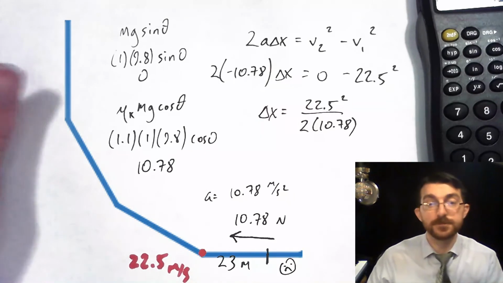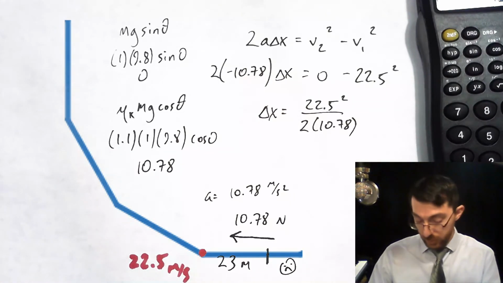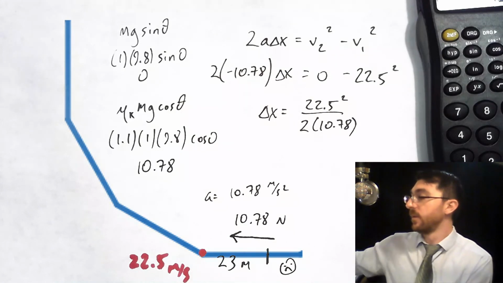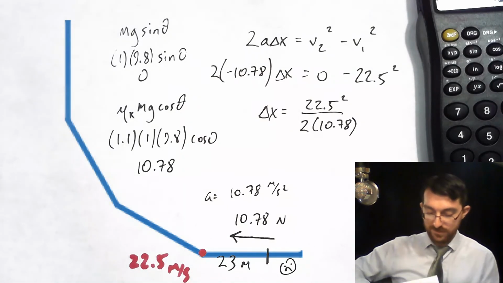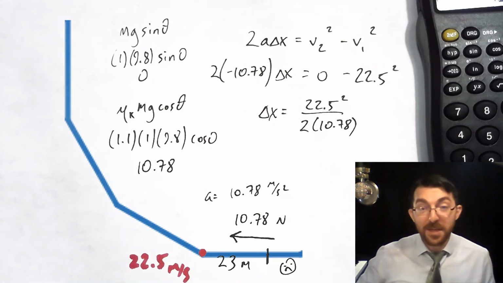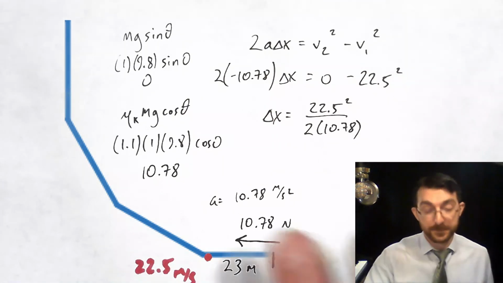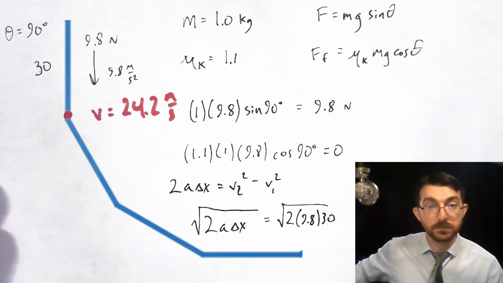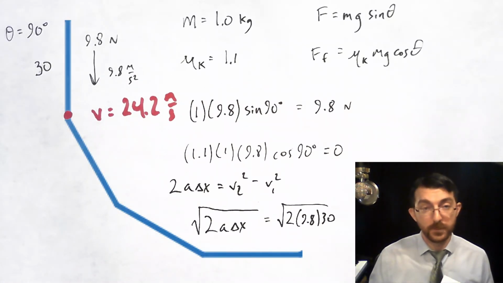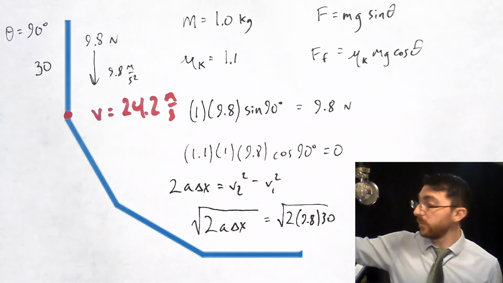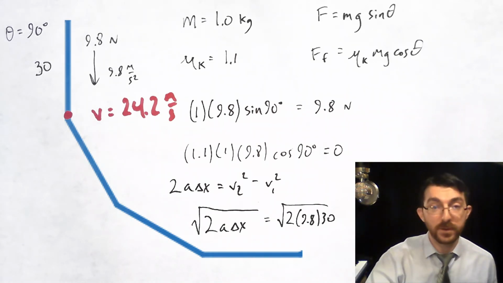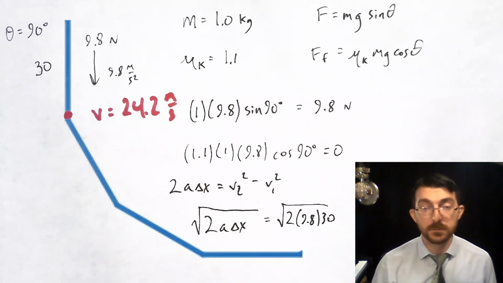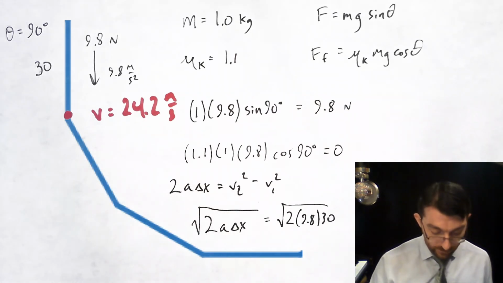Okay, so to summarize, just gather all these back up. The first one looked like this, okay? The final velocity after the first leg was 24.2 meters per second, and this is all the work for it.